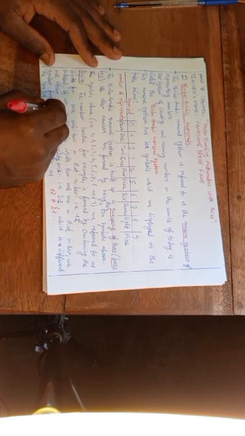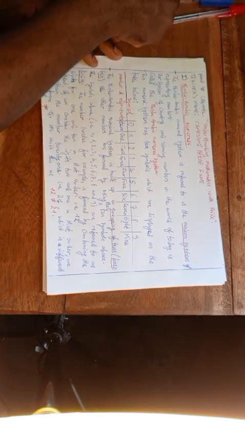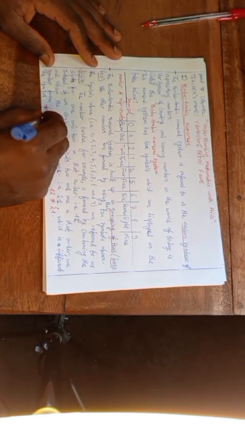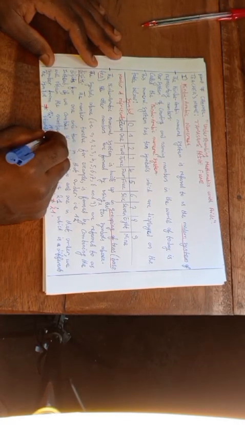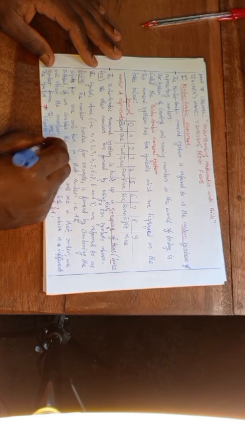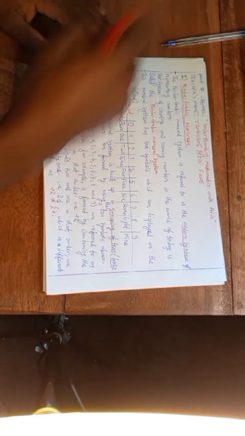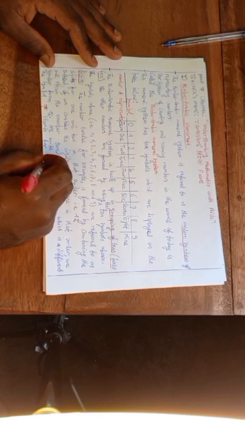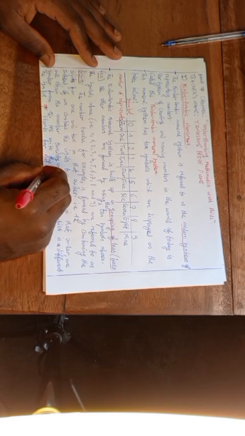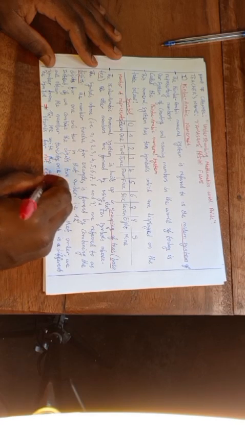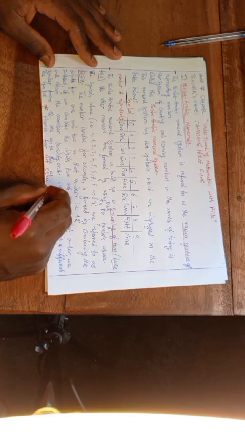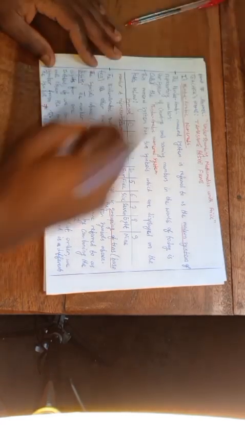The symbol equal to sign with a slash on it stands for not equal to. That means they are not the same. They don't represent the same quantities.